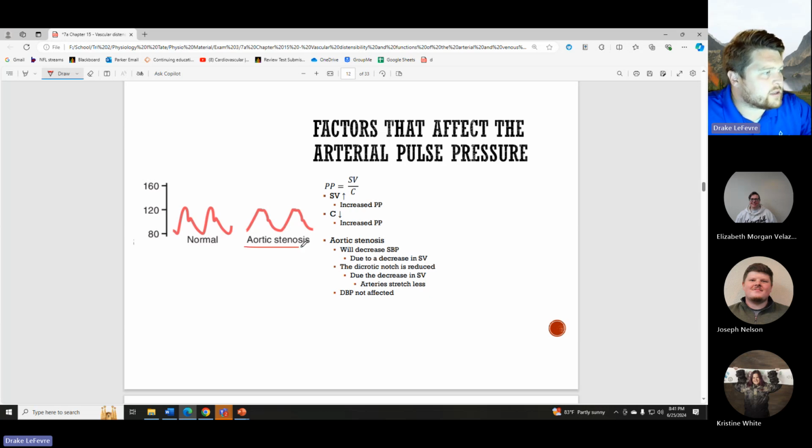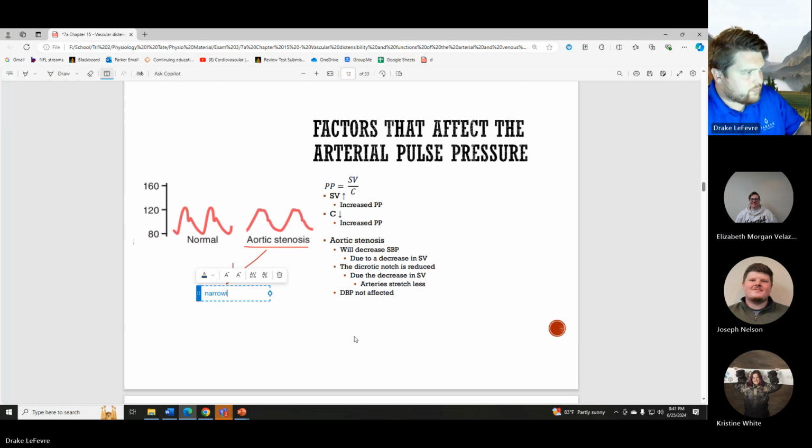So aortic stenosis. What's aortic stenosis? Narrowing in the aorta. Most commonly, we talk about narrowing of the aortic valve, the actual valve that blood goes through.